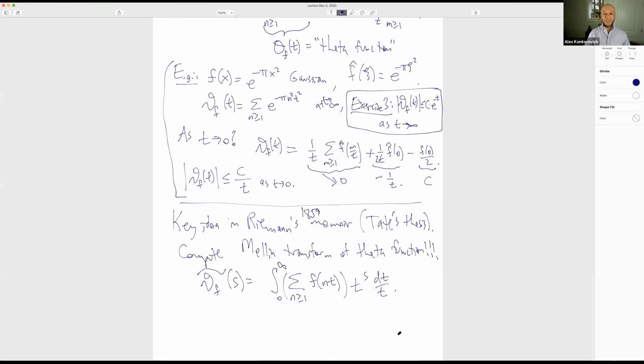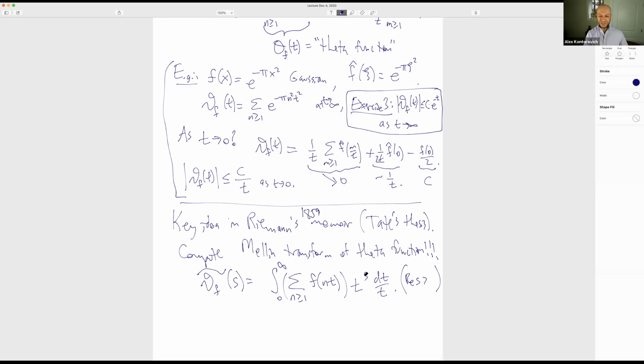In the case of the Gaussian, where does this converge? Real part of s greater than what? At infinity, is there any question about convergence? At infinity, we have exponential decay, and this is only polynomial growth. So we're always fine at infinity. How about at 0? This thing blows up near 0 like 1 over t.